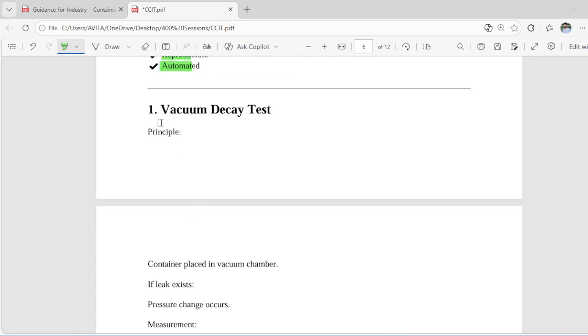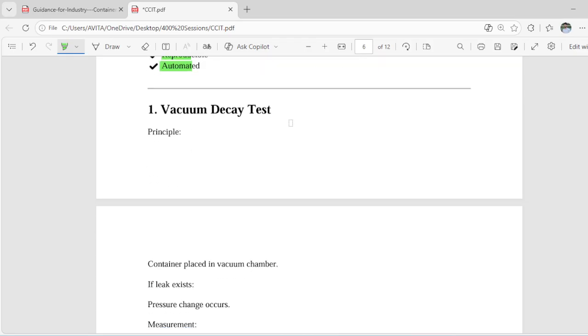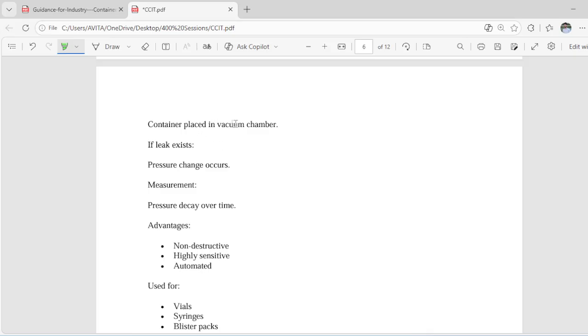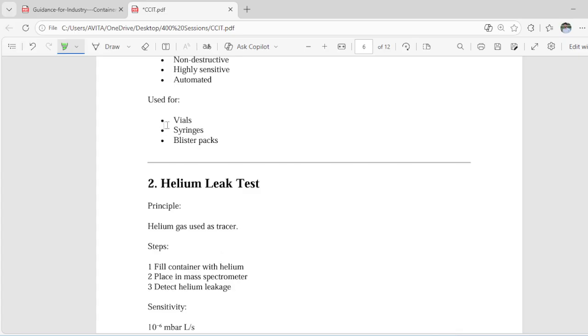The first modern method we have is the vacuum decay test. Here the container is placed into the vacuum chamber. If a leak exists, pressure change occurs, and this can be measured with advanced equipment. Advantages are that it is non-destructive, highly sensitive, and automated. It's used for vials, syringes, as well as blister packs.